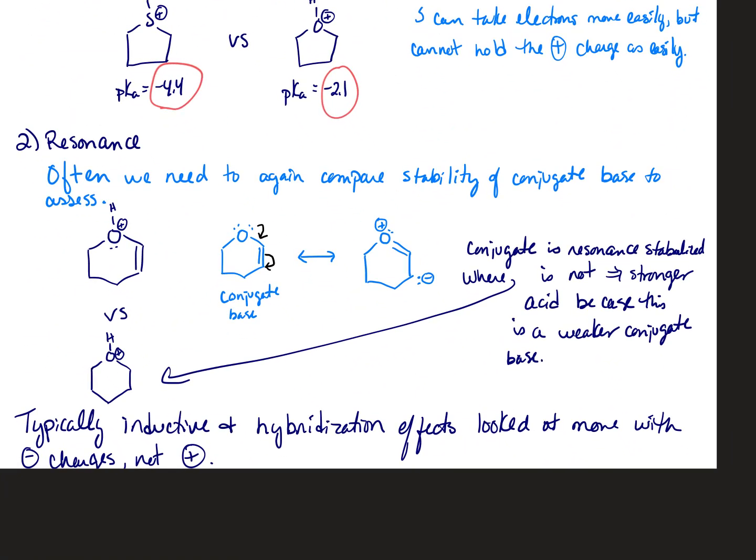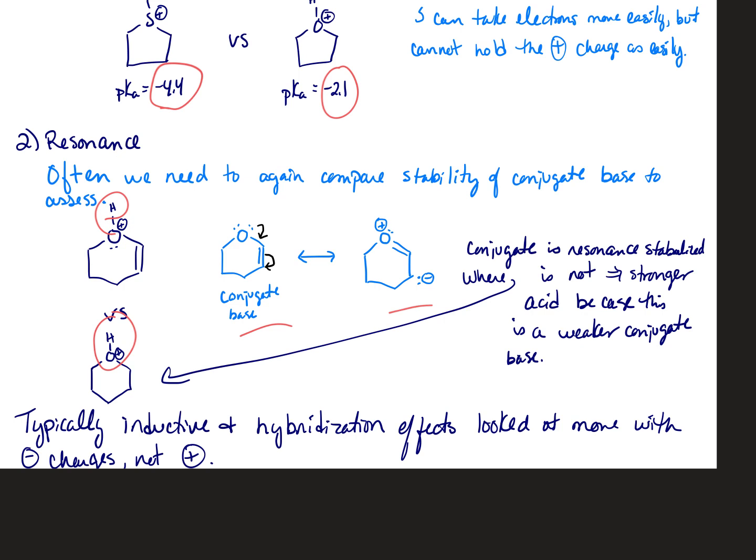When it comes to resonance, we often need to compare the stability of the conjugate base to assess these. So sometimes we go ahead and remove that hydrogen and then look at what we have remaining. In this case, our conjugate base is resonance stabilized, versus in this case, it is not.